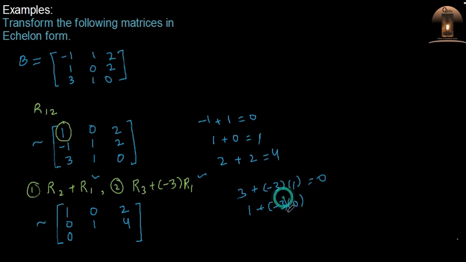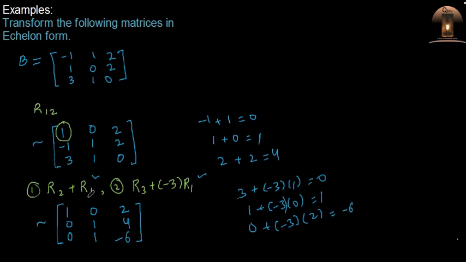So this will be equal to 1. When you simplify, you will get 1. So we have 1 here. And similarly, the last element of the third row, 0, plus minus 3 times the element of the first row, that is 2. Simplify, you will get minus 6. So we have minus 6 here.